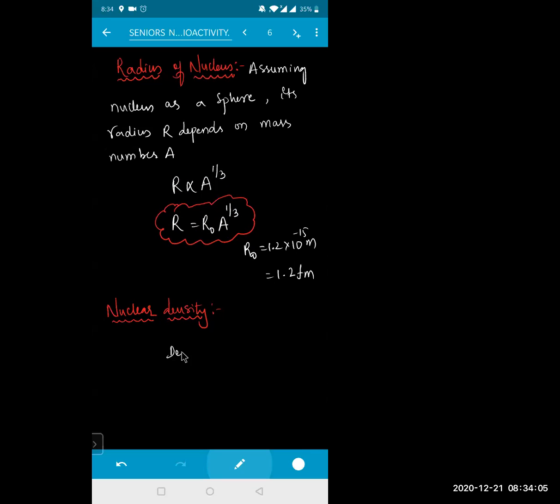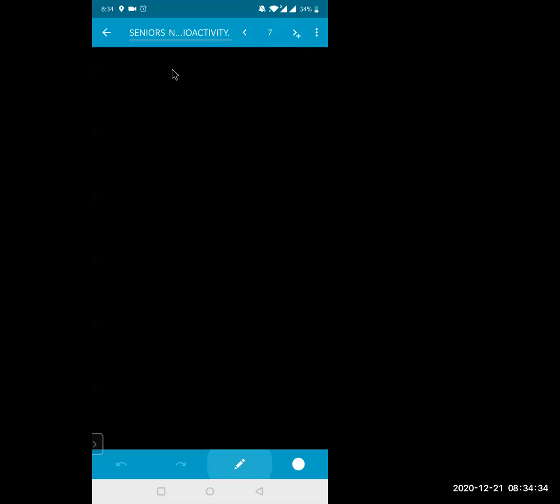Density is equal to, you know already the formula, mass divided by volume. Let the mass of proton be almost equal to the mass of neutron, that is equal to m, because both of them are right now in the nucleus. So the mass of proton and neutron I am representing by m. Then density can be written as total mass by total volume.